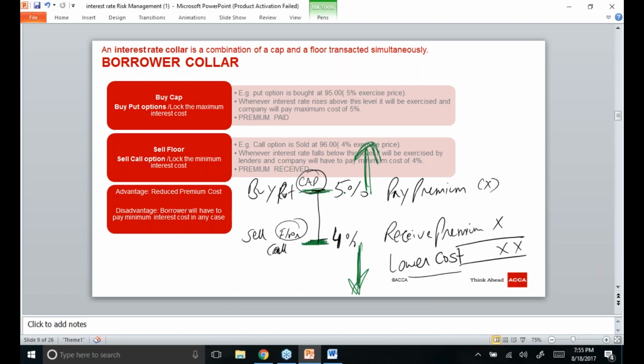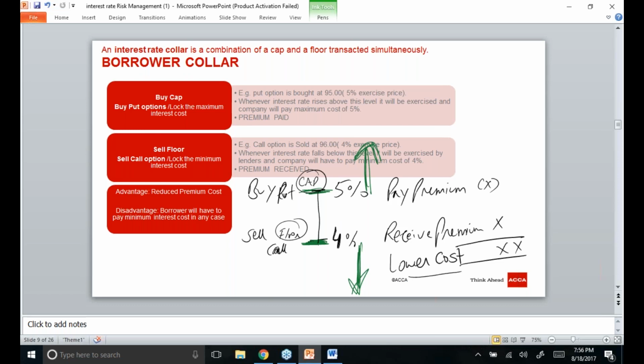So the maximum is locked at 5%, the minimum is locked at 4%, and when interest rates are in between these two, both options will not be exercised, because put will not be exercised because it's lower than 5. 4% will not be exercised by the lender because when interest rates are above this, how will he receive 4%. So that's how you're going to set the borrower collar.